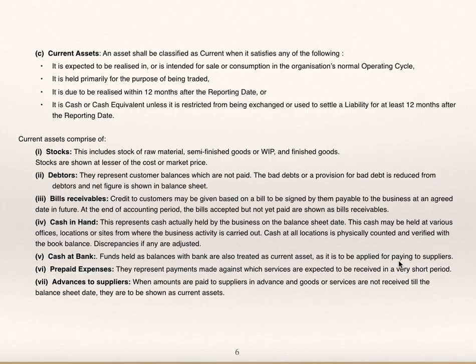It is to be applied for paying suppliers. Prepaid expenses represent payments made against which services are expected to be received in a very short period. Advances to suppliers: when amounts are paid to suppliers in advance and goods or services are not received till the balance sheet date, they are to be shown as current assets.